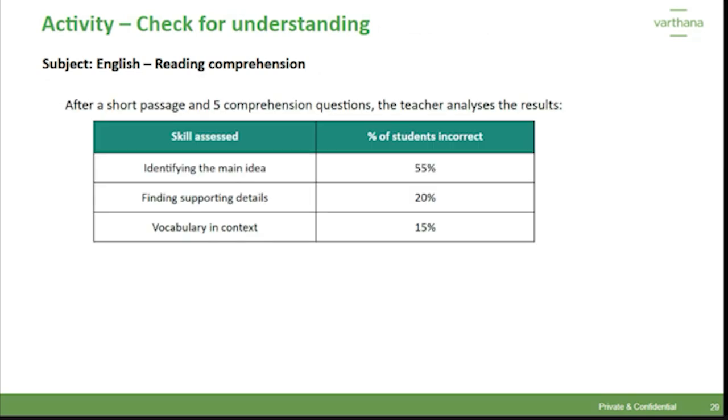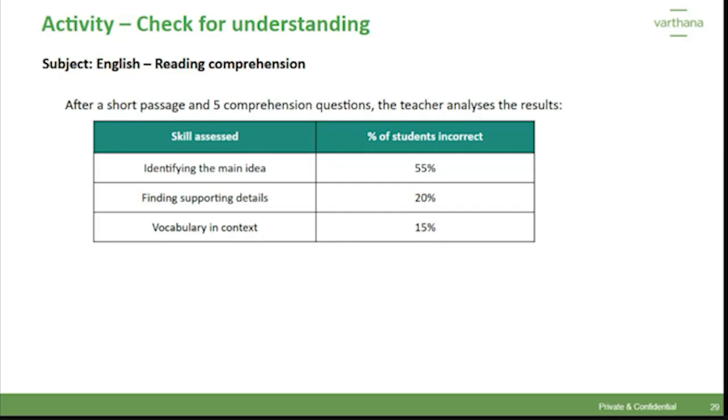Now here is a short case study based on the data, showing how we convert the data into action. Here you can see the subject is English reading comprehension. After a short passage and 5 comprehension questions, the teacher analyzes the result. It could be the result of any quiz or exam or any kind of assessment.